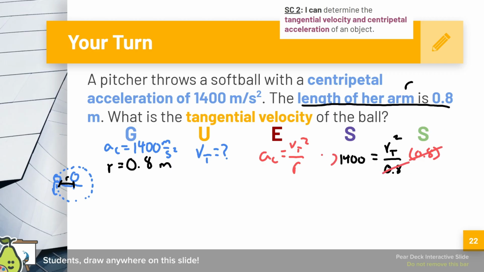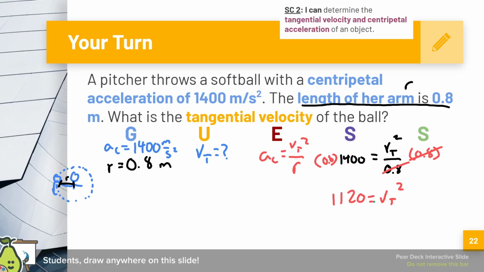these cancel out. And 1,400 times 0.8 times 0.8 is 1,120. It's equal to VT squared. And to get rid of the square, we gotta square root it.